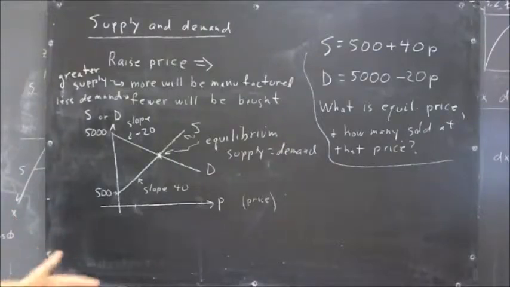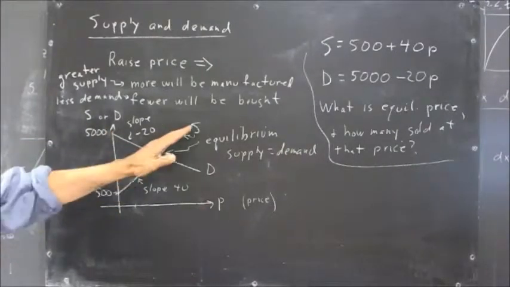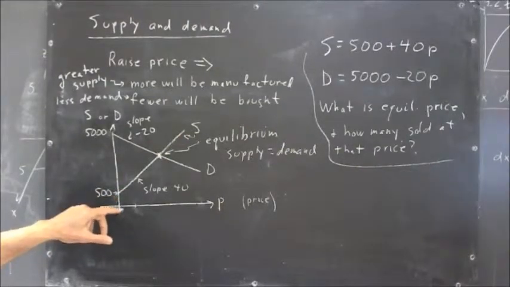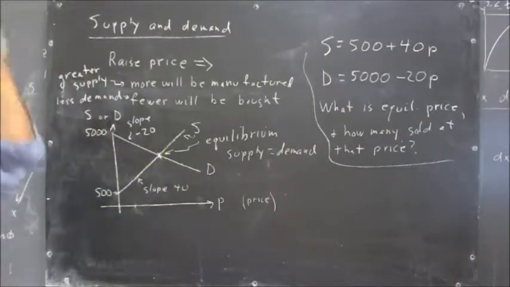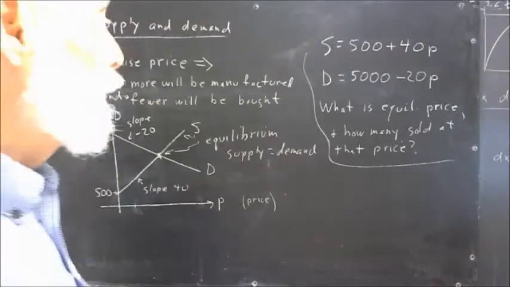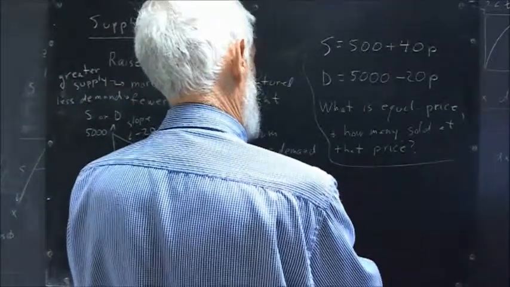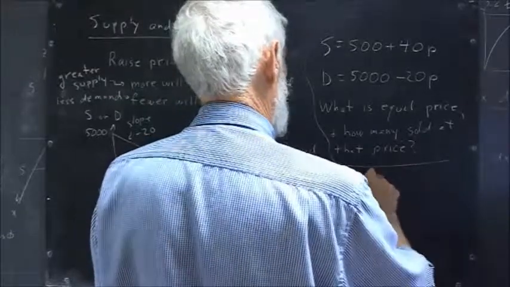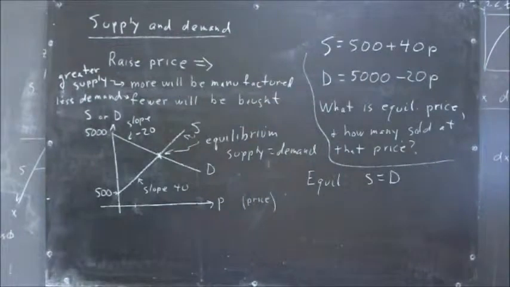Well, we can see in the graph that there's a point where a function that's increasing and starting at a lower value will have to meet a function that's decreasing and starting at a higher value. How do we algebraically find that? Equilibrium is where the number sold equals the number demanded.